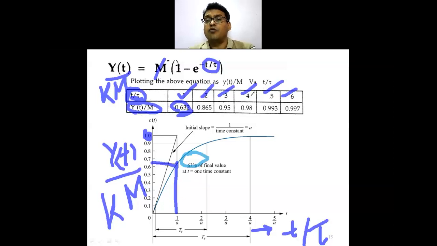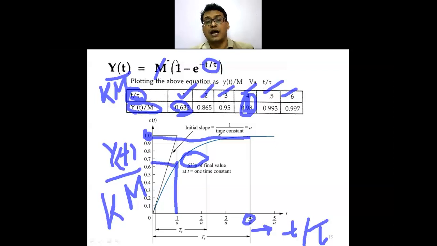Then 0.95 has been achieved for the value of 3, and 0.98 is around t upon tau equals to 4. So at this value of 4, that is t upon tau, it attains the 98% value.